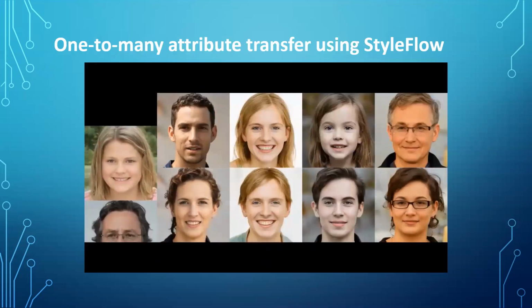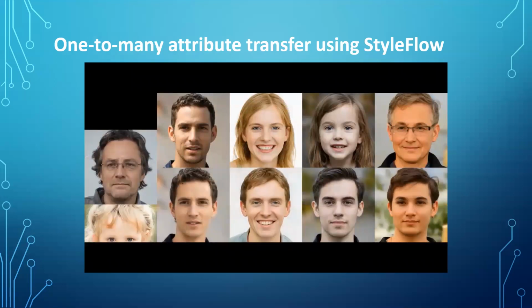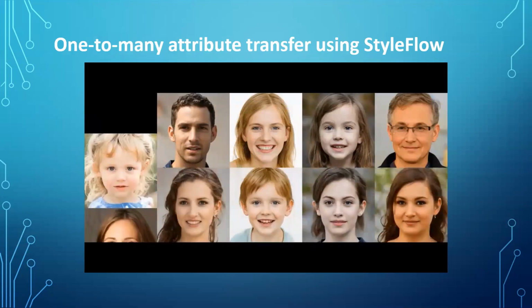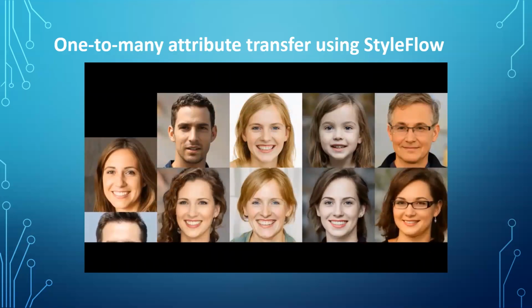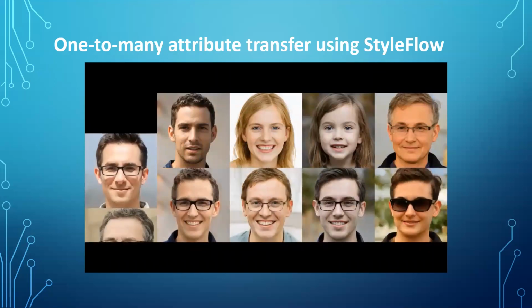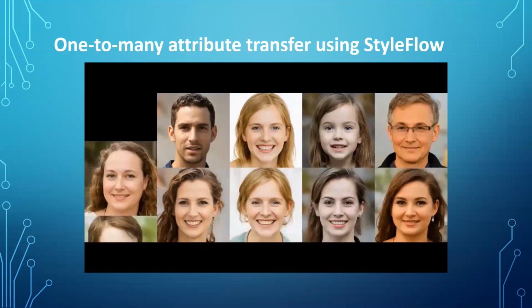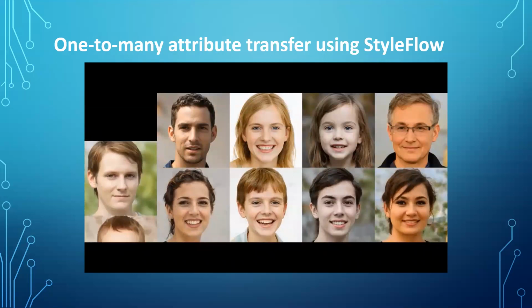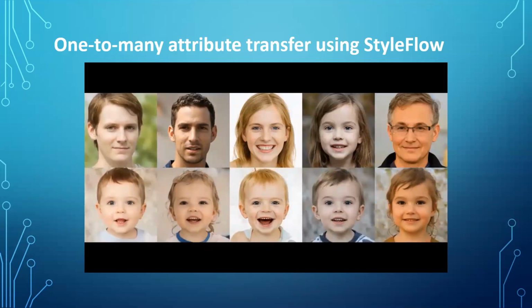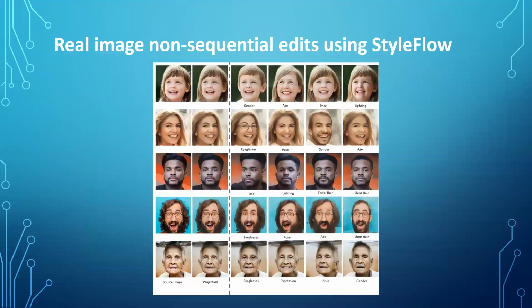Then, like from the previous paper, we saw StyleGAN and StyleGAN 2, and they made it slightly more advanced. Also, it can make non-sequential edits from one image, like changing the gender, age, pose, lighting, eyeglasses, and facial hair.